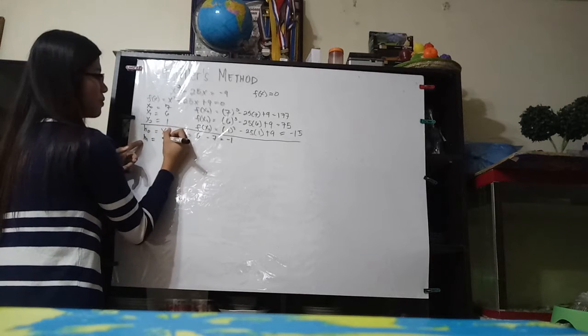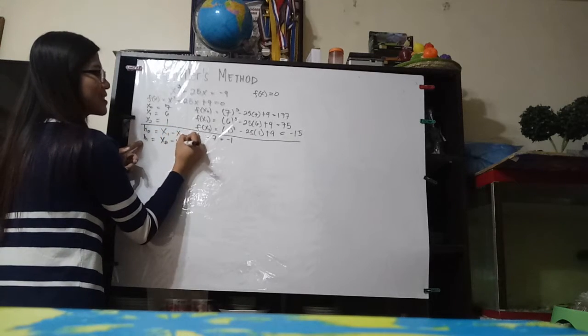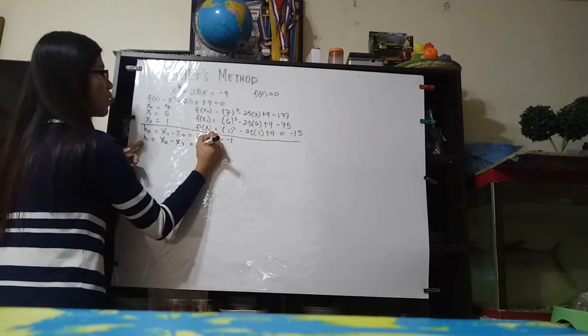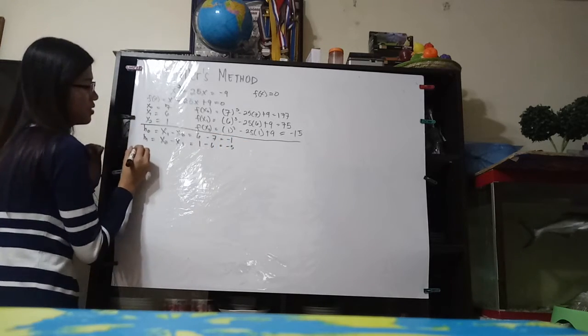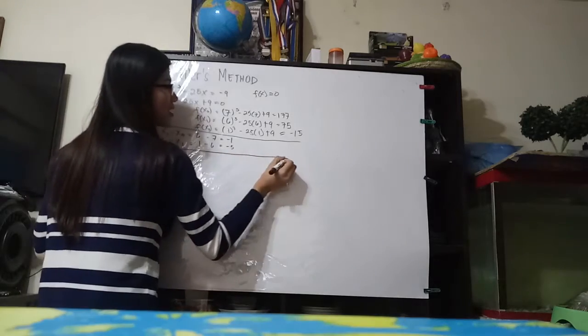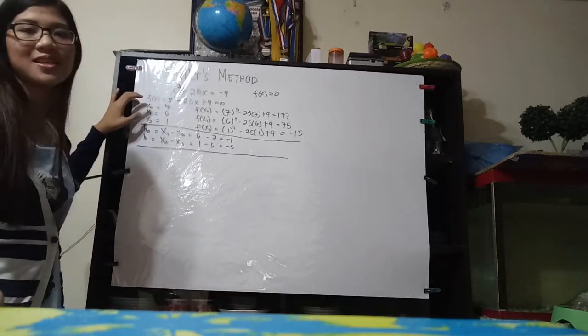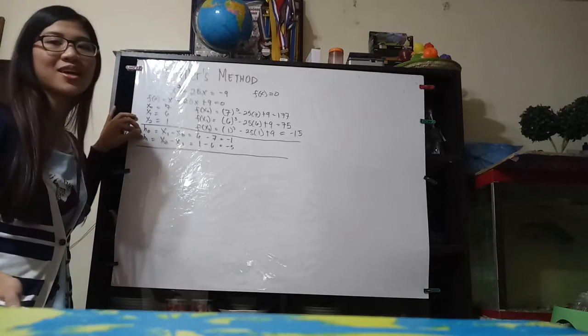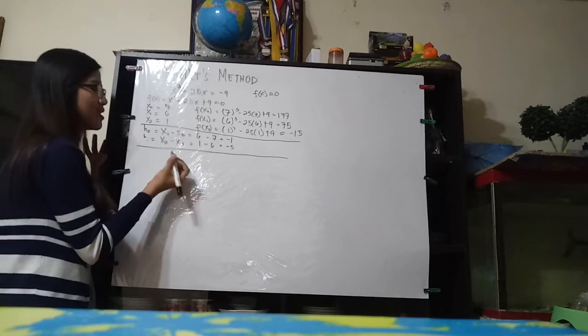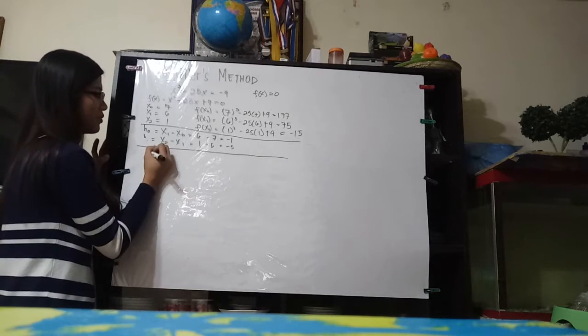For h1, that would be x2 minus x1, that is 1 minus 6, which would be -5. I just put a line here so that you could easily see the steps. The function values were evaluated, then we get the h0, h1, and next we get the sigma.